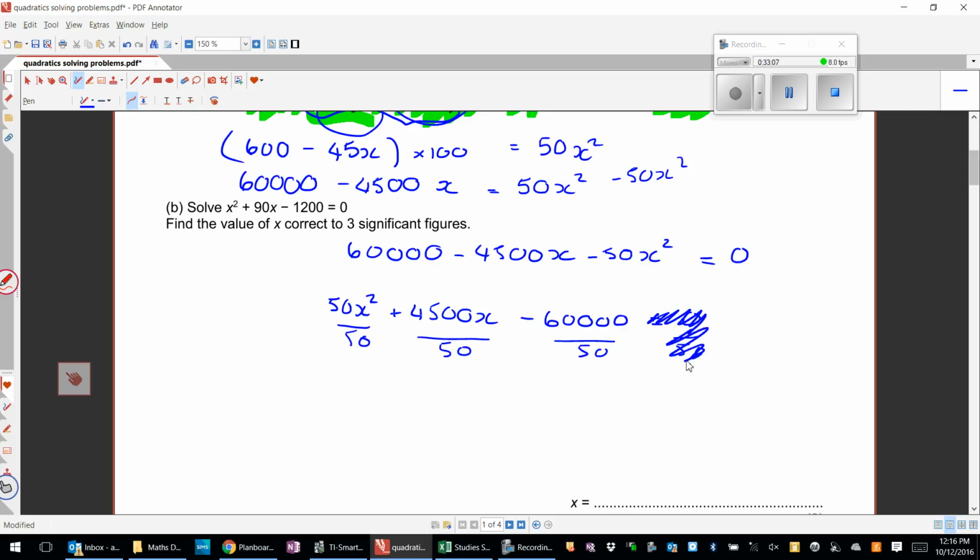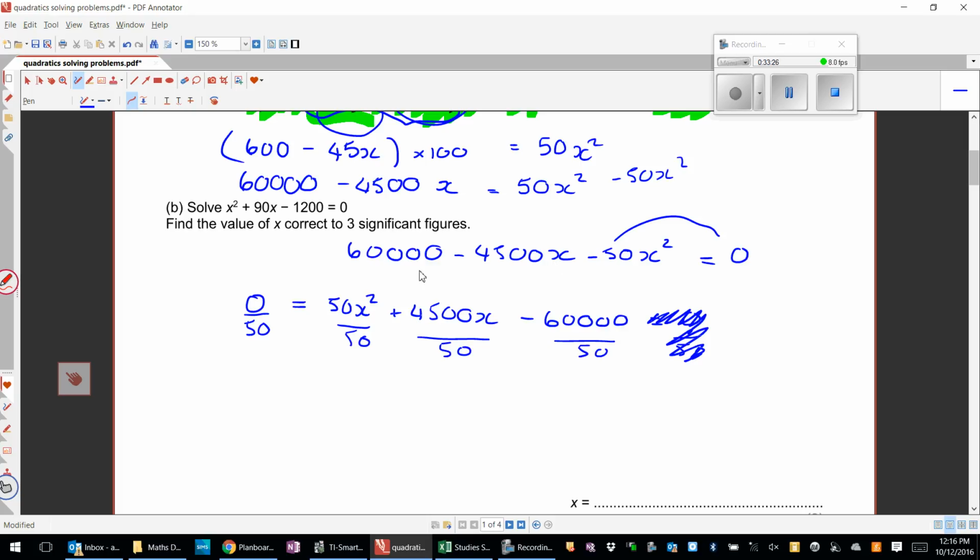Does that make more sense? I've just shifted everything that way and changed the sign. I hate that, by the way. It's not the truth. I should add 50x squared, add 45,000, and subtract 60,000. That's why I end up with that.